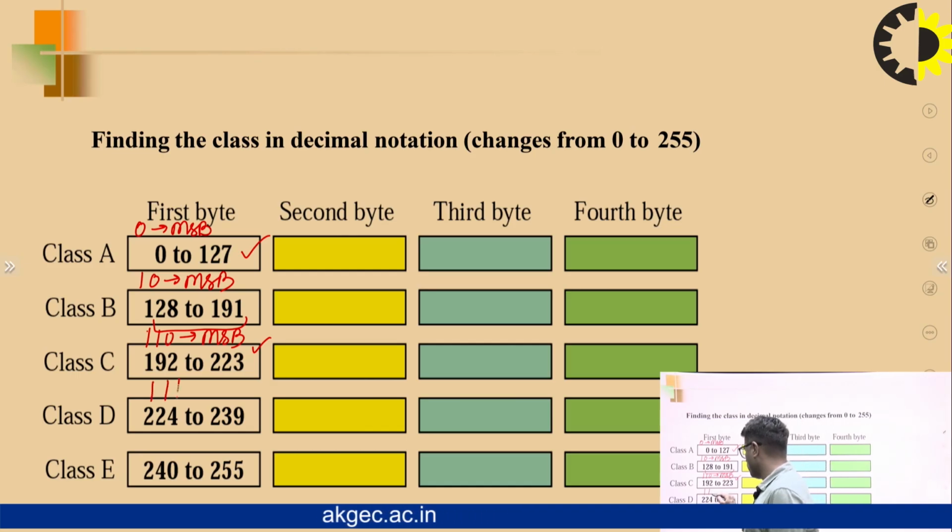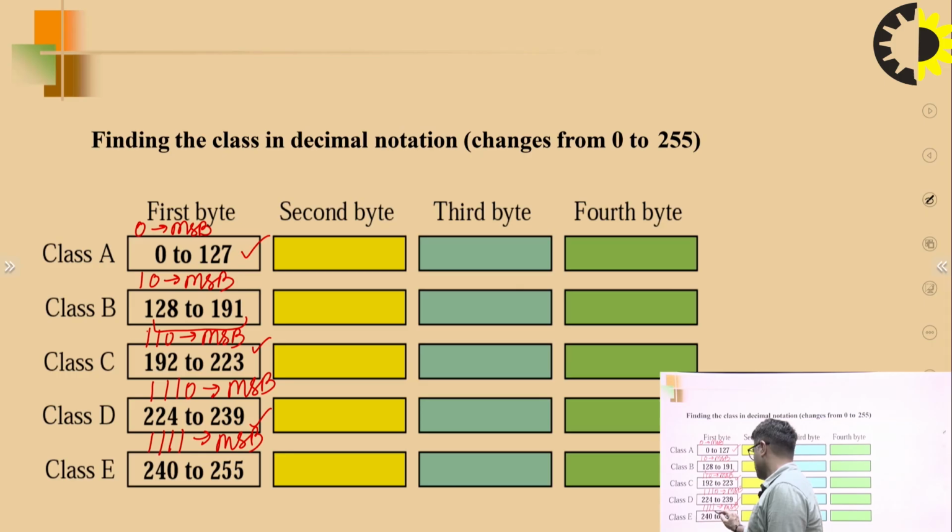Similarly, 1110 in the MSB position results in this range, class D. And last one, 4 ones in the MSB will result in this range, 240 to 255. So these are the ranges of various classes of IP addresses.